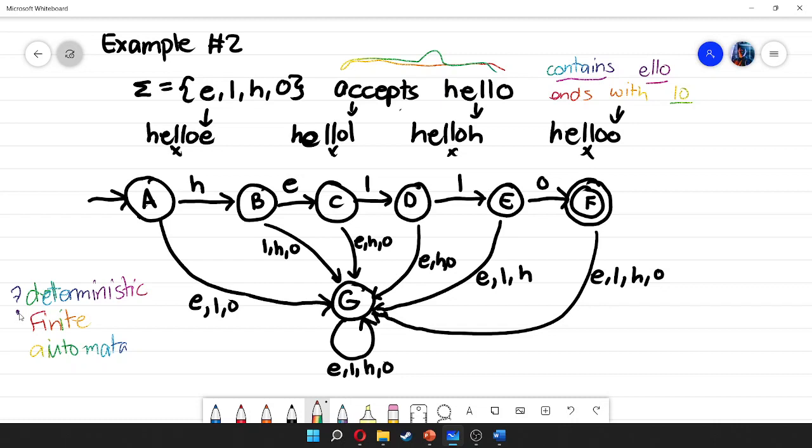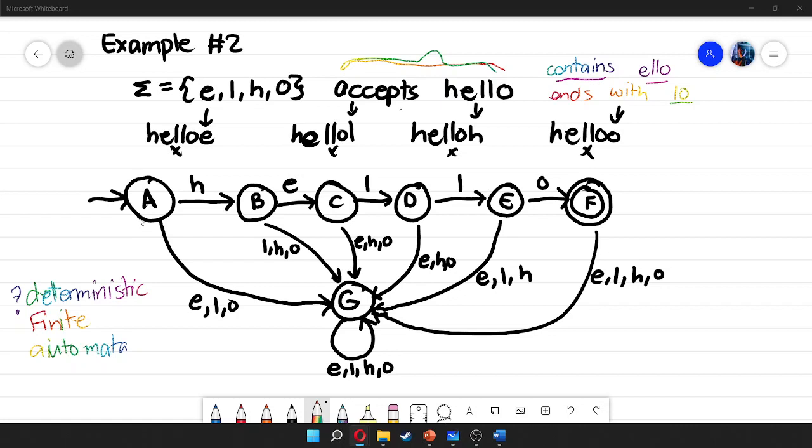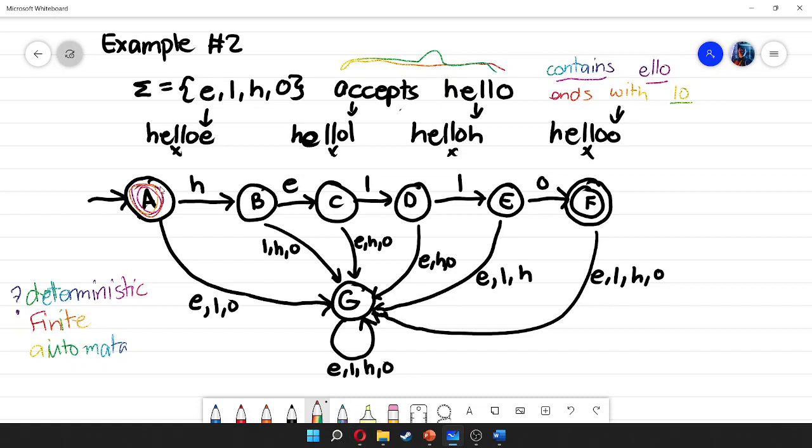So ang pasabot sa deterministic, if you are in a state, dapat naa kay transition for every symbol. So for example, nata sa state A, tanawa ninyo state A. For state A, naa tay transition for H, naa tay transition for E, we have a transition for L, and we have a transition for O. Okay?